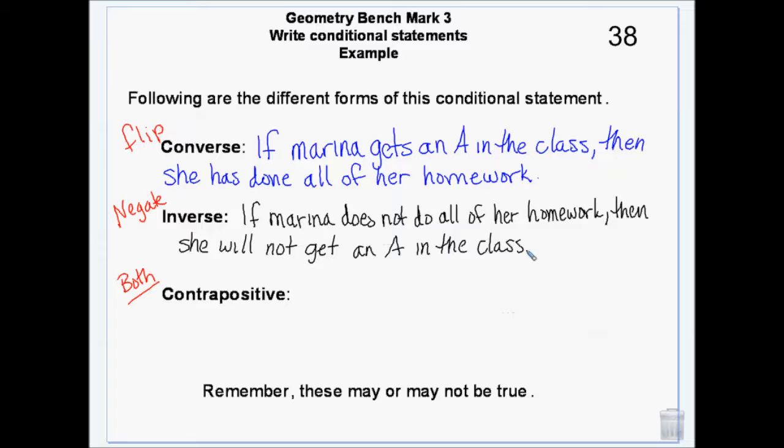And this one almost sounds like it would be true. But the inverse is always going to have the same truth as the original statement, the original conditional. And if you think about it, it says all her homework. If she maybe misses one assignment, she can still get an A. So this would also be false.